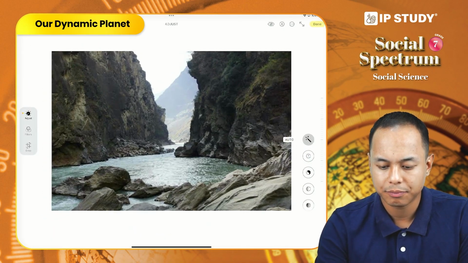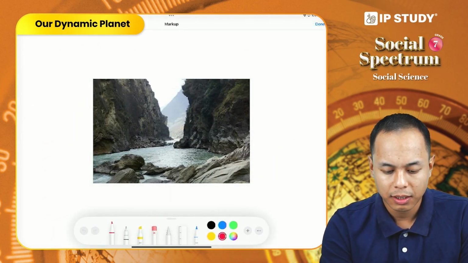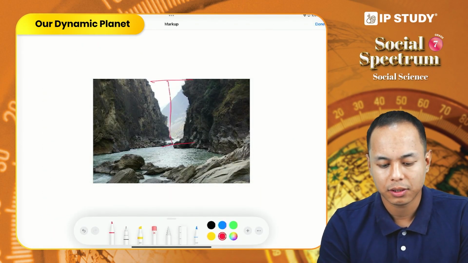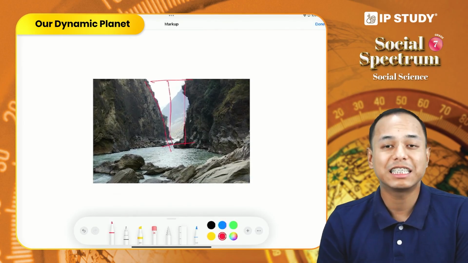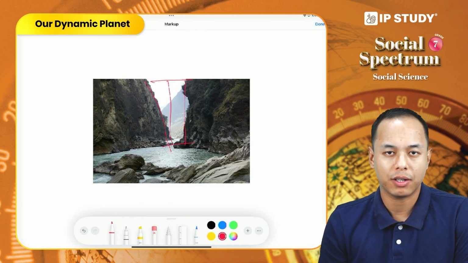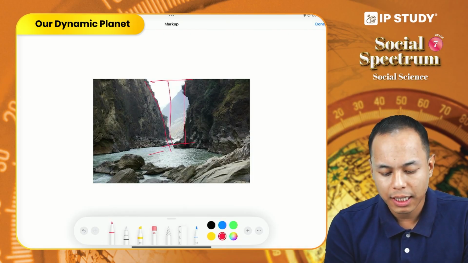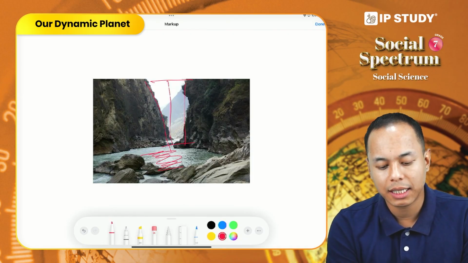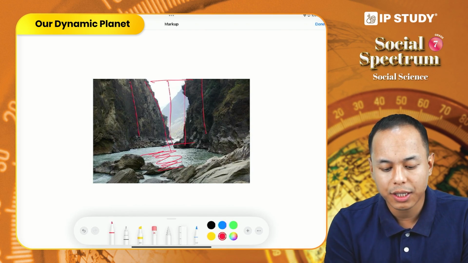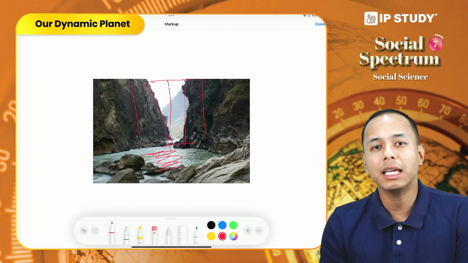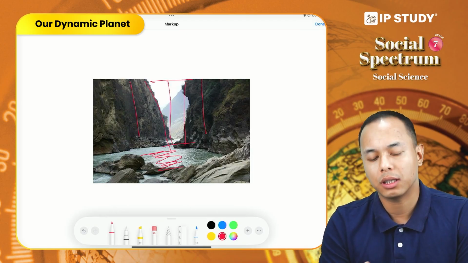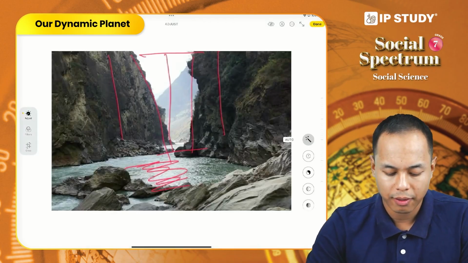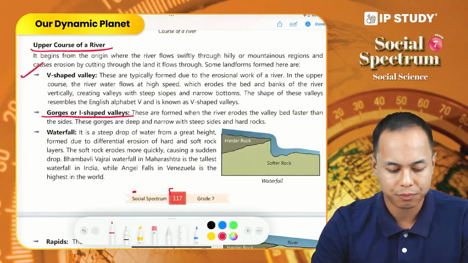Here we can see the letter I. The sides or the slopes are very steep in this type of valley. The river erodes the bed faster than the bank sides. So vertical erosion is greater than sideward erosion, leading to the formation of an I-shaped valley or gorge.